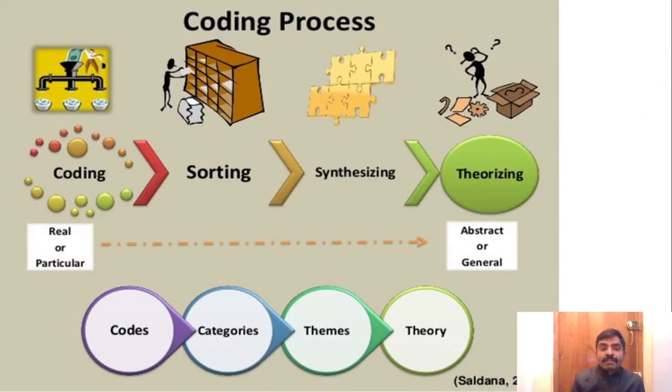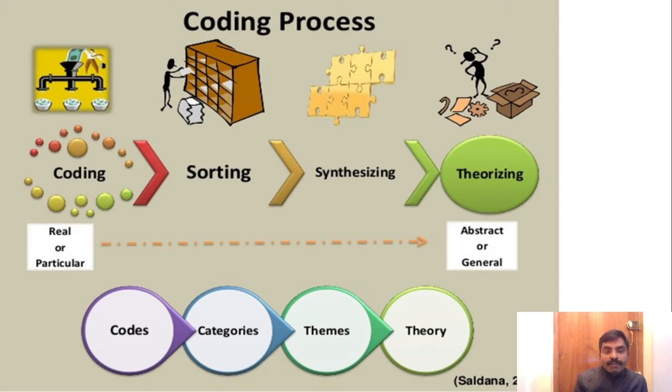With the help of this pictorial diagram, see how the coding process will be undertaken. See how systematically it starts with coding, classified, then for that we need to code for the purpose of quantification through numerical values. Then after coding, as soon as you complete the coding job, it has to be sorted systematically, then synthesizing, then theorizing.